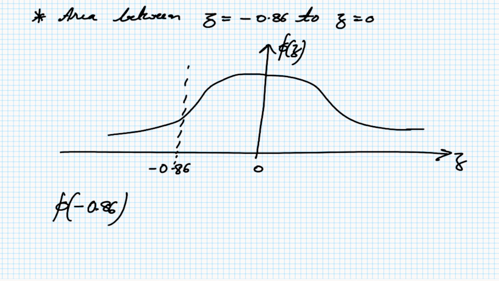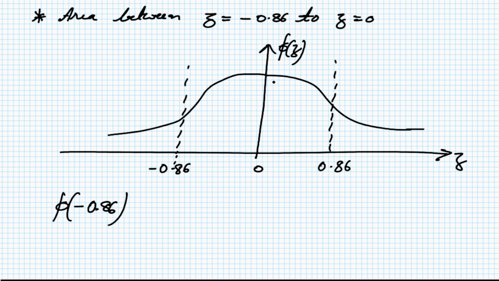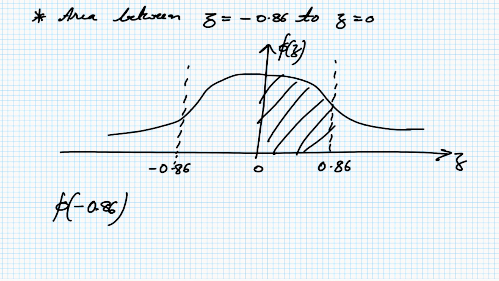What is the reason? If I try to find this area, 0 to 0.86, is that area the same as minus 0.86 to 0? Because of the symmetry property, it doesn't matter whether you find 0 to 0.86 or minus 0.86 to 0.